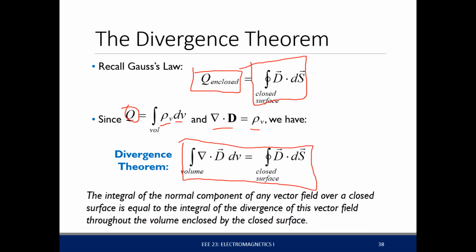And this is called the divergence theorem. The divergence theorem is the integral of the normal component of any vector field over a closed surface equal to the integral of the divergence of this vector field throughout the volume enclosed by the closed surface. That's what's said here, so I just read that out.